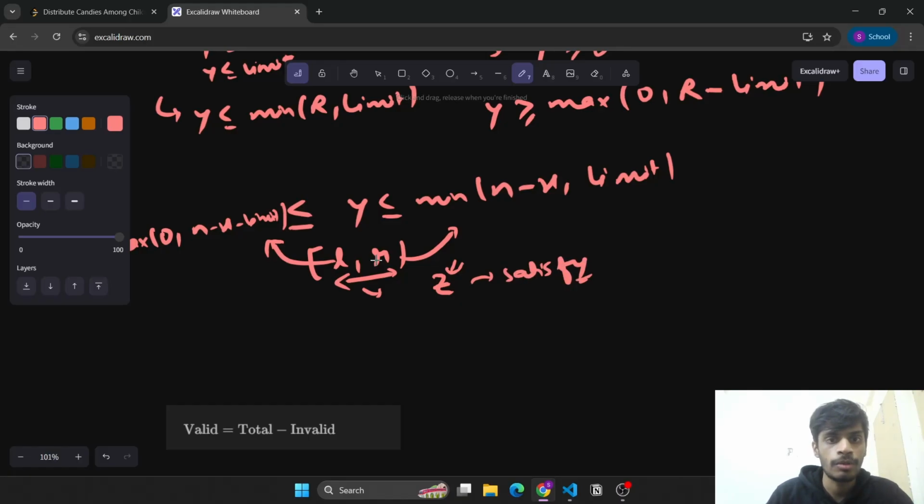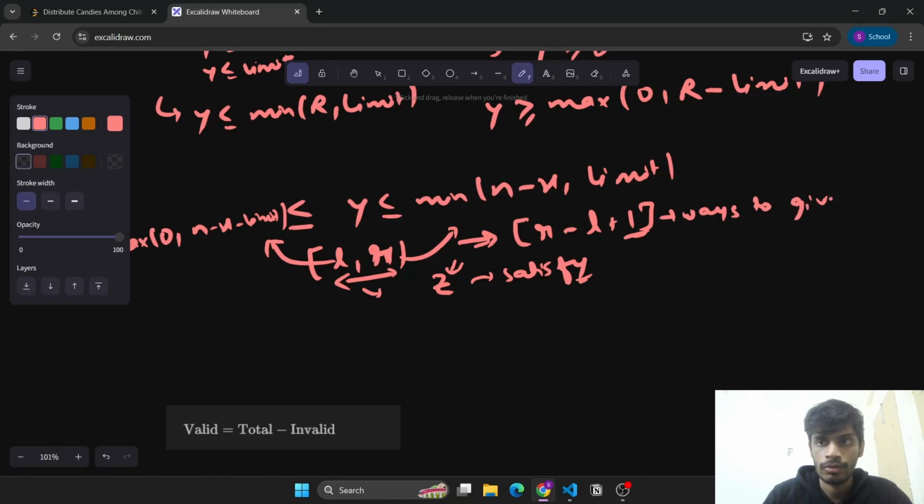So hence all possible ways of giving from this range are valid, and the number of values from L to R is R minus L plus 1. Hence there are R minus L plus 1 ways to give candy to the second child.